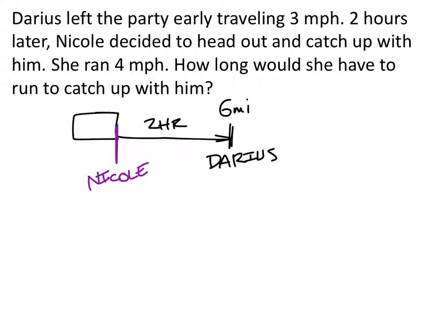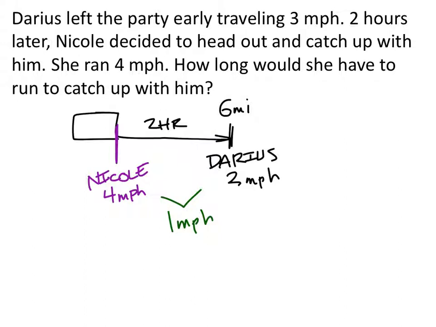Well, Nicole is going at 4 miles per hour, while Darius is going at 3 miles per hour. The difference of these is 1 mile per hour. If they're 6 miles apart, and she's only traveling 1 mile per hour faster, how long will it take her to catch up to Darius?